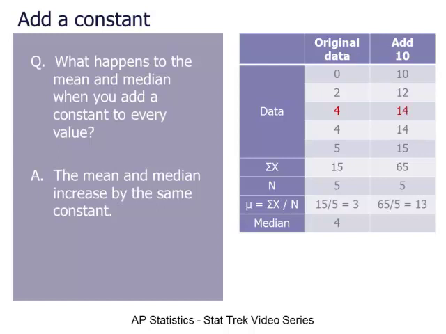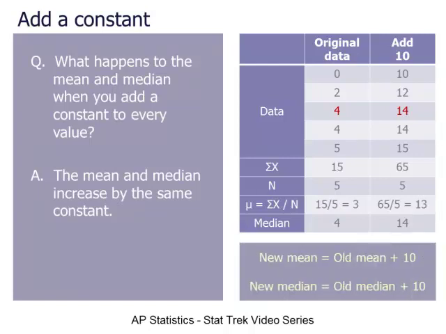So what happens to the mean and median after we added a constant, 10, to each element in the original data set? The new mean is 13, which is equal to the old mean 3 plus the constant 10.